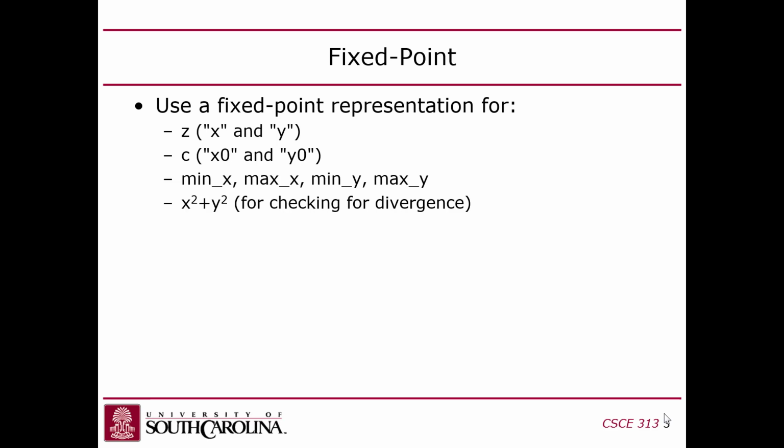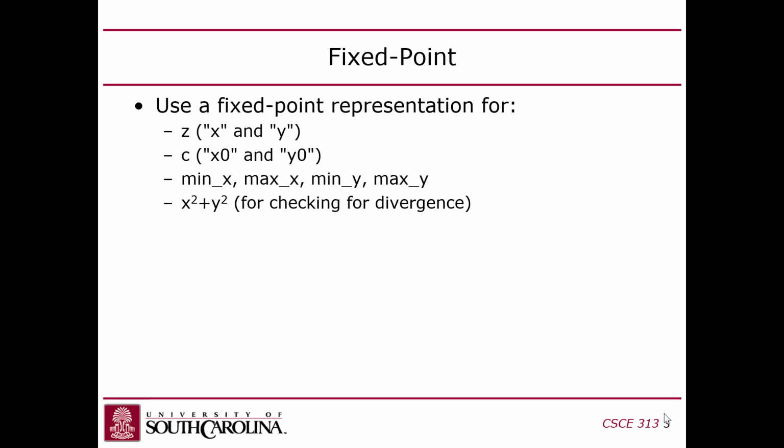We've got z, which is the complex number that is the output of the polynomial, which in my pseudocode I call x and y. Then there's c, which is the complex representation of the pixel, which is x0, y0. So there's x and y and x0, y0. Then we've got min x, min y, max y.